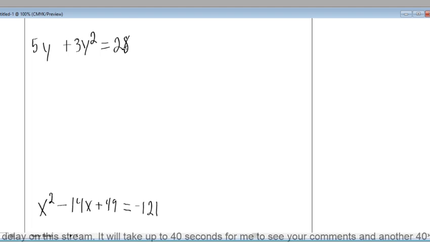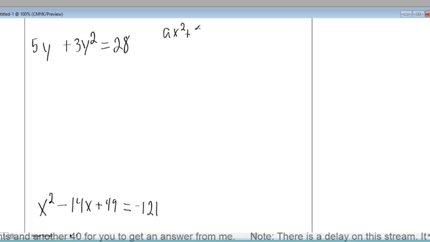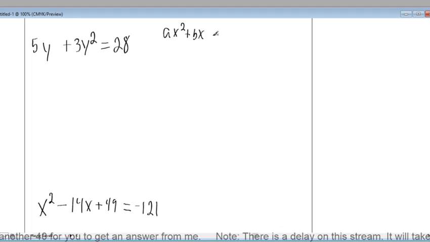Now I'll give you a tip here. Almost always, I'd say a good 99% of the time, we want to get these in standard form for a quadratic. And if you remember, we said that standard form for a quadratic is ax squared plus bx plus c.